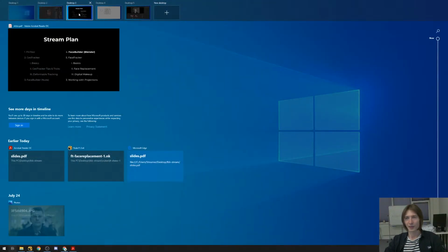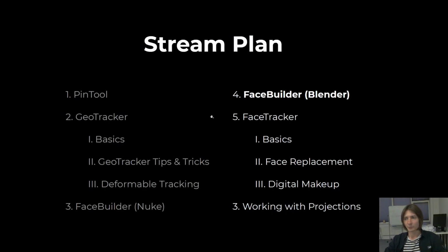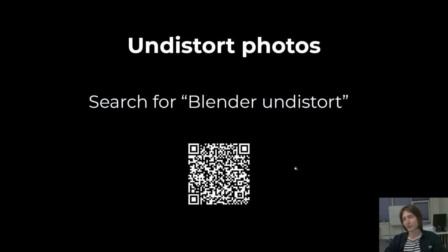So what you can do about lens distortions in Blender is use the phrase "Blender undistort" on Google or whatever search engine you like. Or you can use this QR code. It will lead you to the Blender community at stackexchange.com.